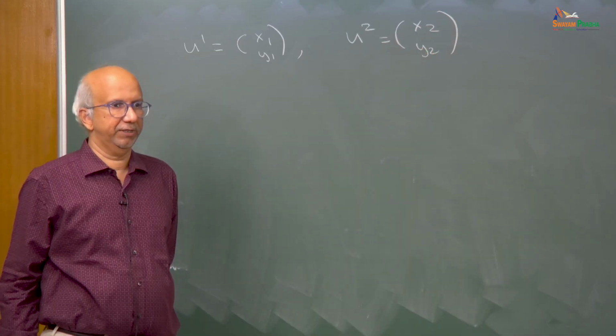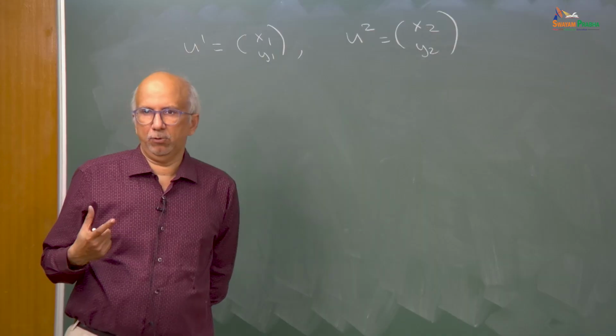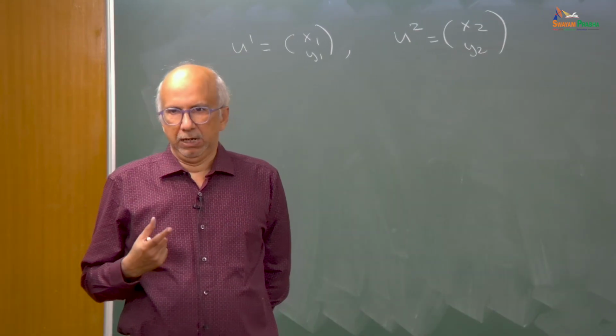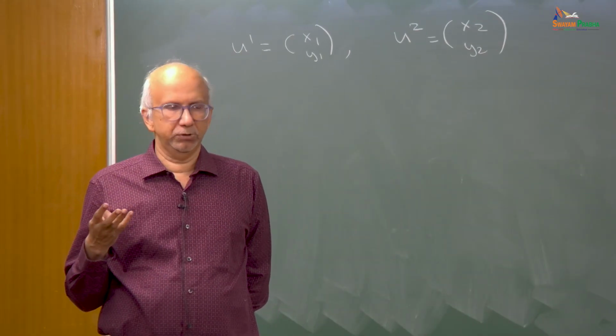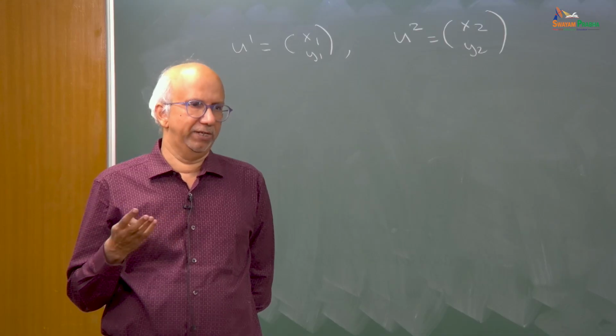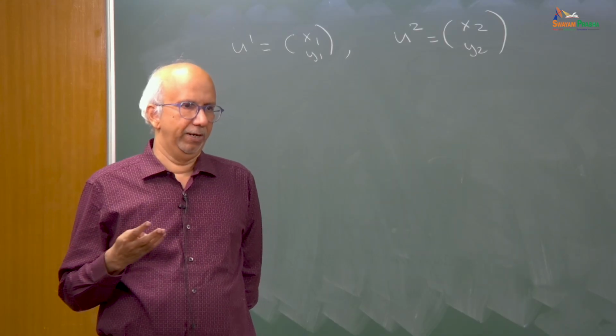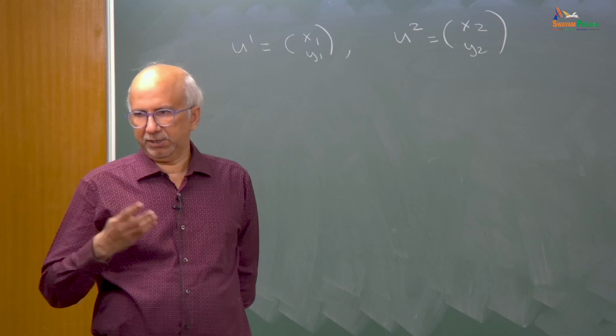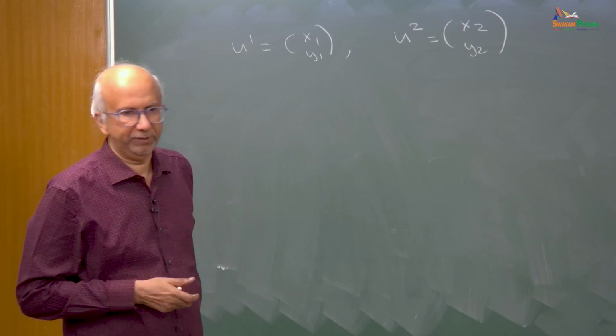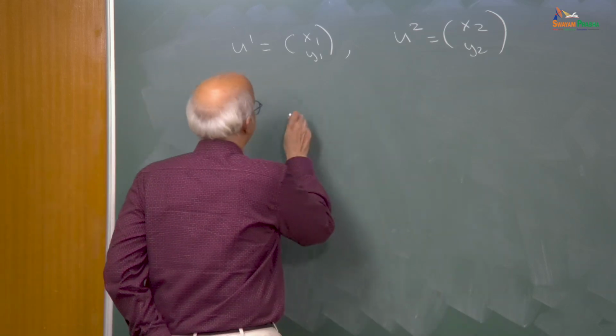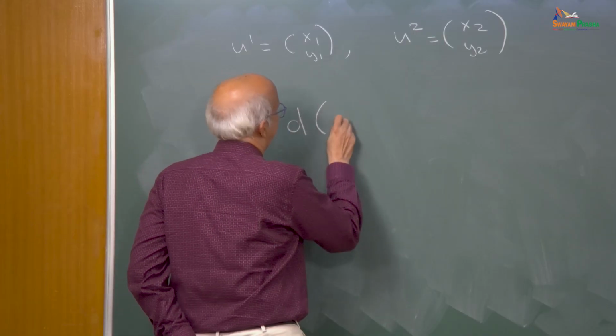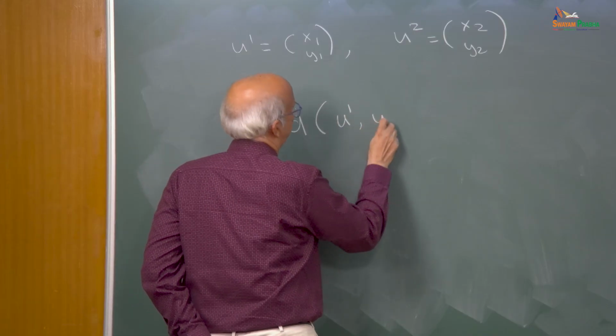I have two vectors and you want to talk about the distance between these two vectors. The thing which you have been using all along is what is called the Euclidean distance, where you use something like Pythagoras theorem and then find what the distance between two vectors is. So, the distance between U1 and U2.